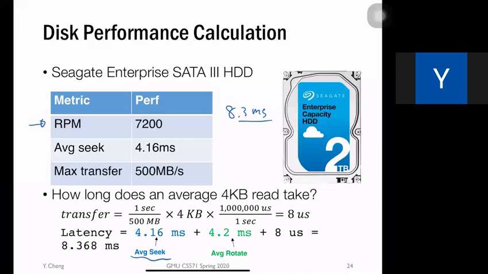Okay, per rotation takes this much, and statistically speaking, we cut it in half to give you this 4.2, approximately 4.2 milliseconds. Obviously, the first 2 factors are the dominating factors, and the performance is dictated by these first two factors if we're talking about small reads. Small reads meaning just reading 1 or a few disk sectors, okay? And the unit is dominated obviously by milliseconds. And this part is just too small to matter, so it can be omitted, okay?